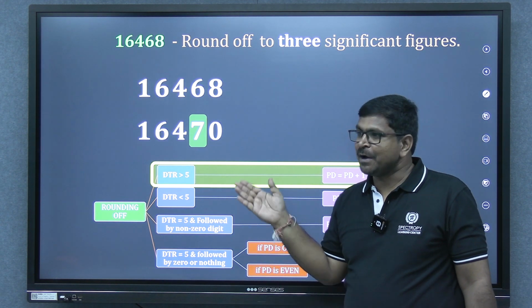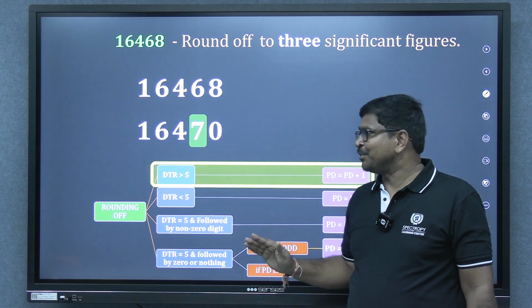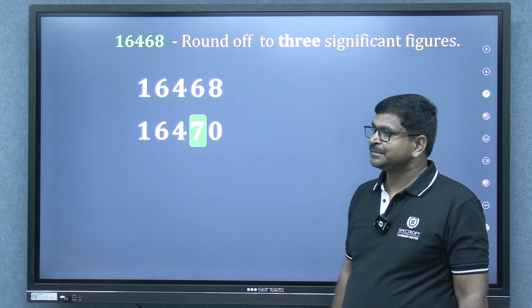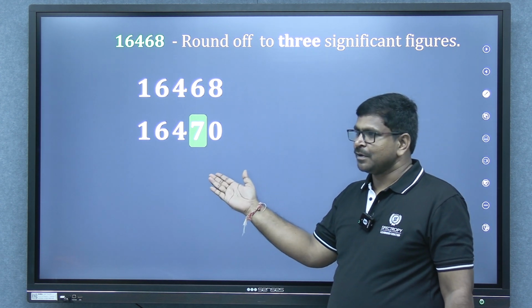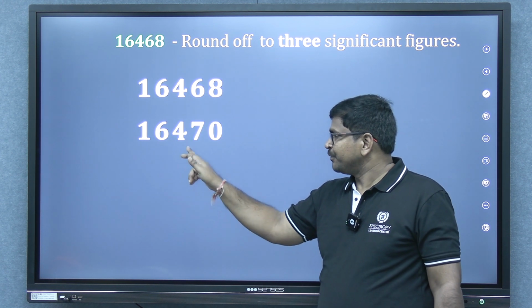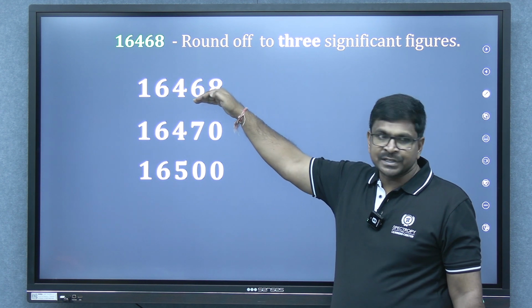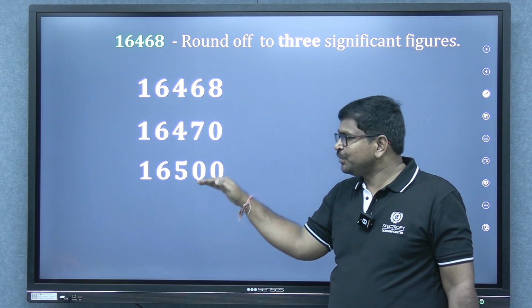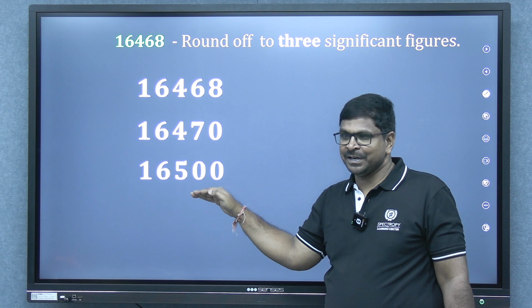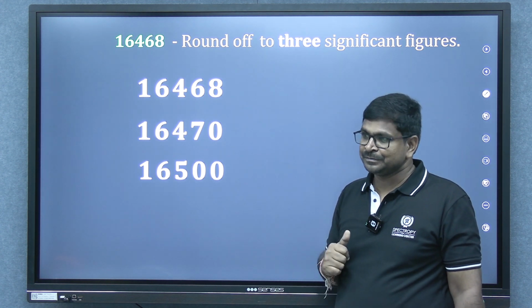So now 4 will become 5, and 7 will be replaced by 0. So the answer is 1, 6, 5, 0, 0. 16,468 is rounded off to 16,500, an approximately near value. We will get an approximate near value when we round it off.